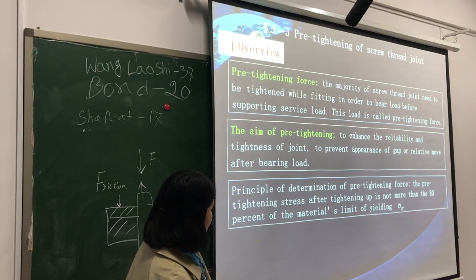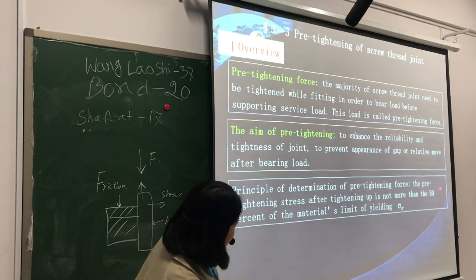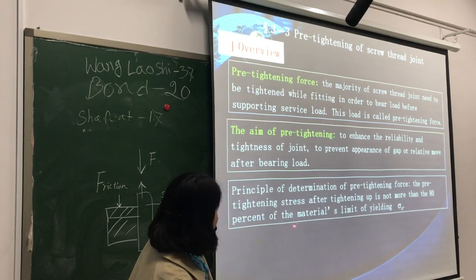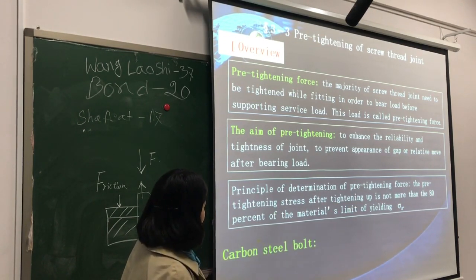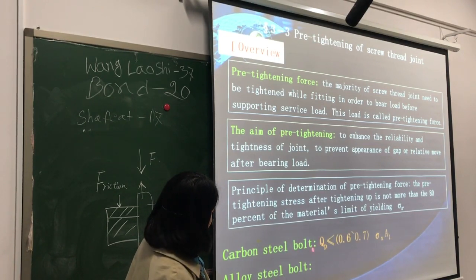And the preload should be no more than the material's yield limit, sigma s. For a carbon steel bolt, we usually choose the preload F0 less than 0.6 to 0.7 sigma s times A1.